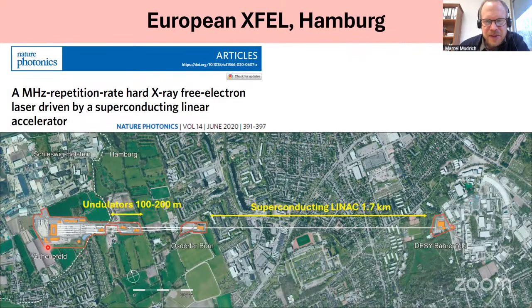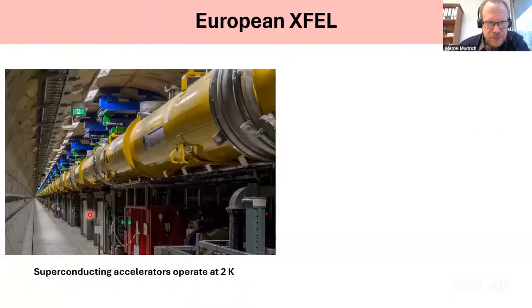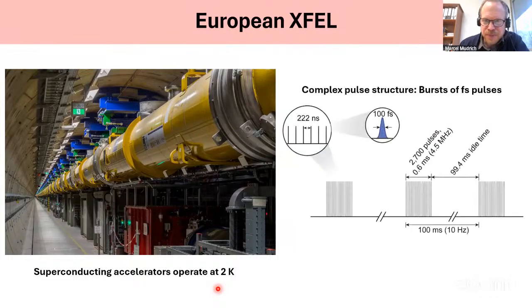And this is basically all based, or it relies on just the sheer size, that it is by far the longest accelerator structure, and also extremely long undulators. And as a special feature, it uses superconducting accelerators, which have been developed at FLASH before and now are successfully used at European XFEL.